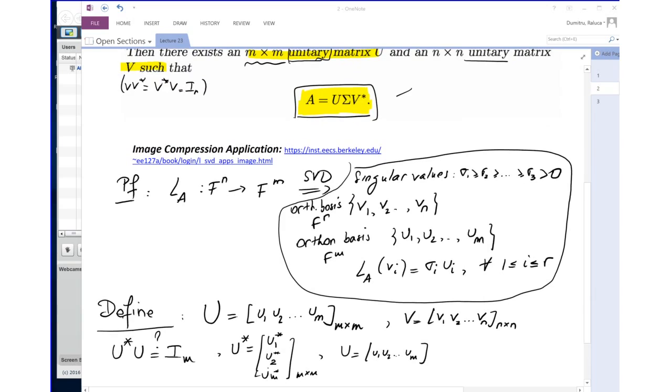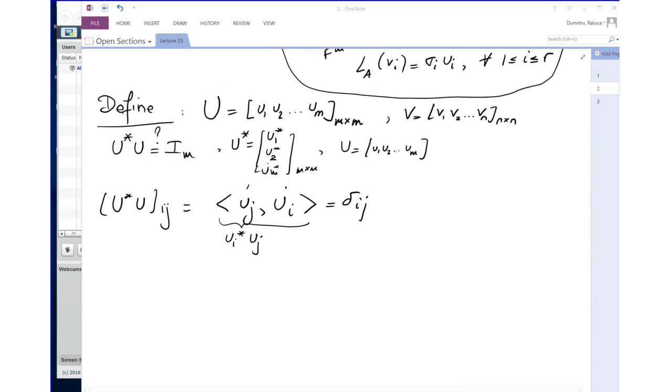So finally, let's take a look into this. So why is it the case that A is U sigma V star? Well, remember that V star V is the identity. So if I multiply this equation by V to the right, again, since V star V is the identity, it's equivalent to showing that A times V equals U times sigma.